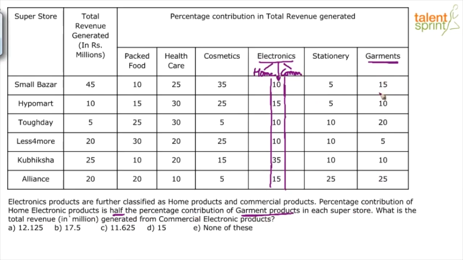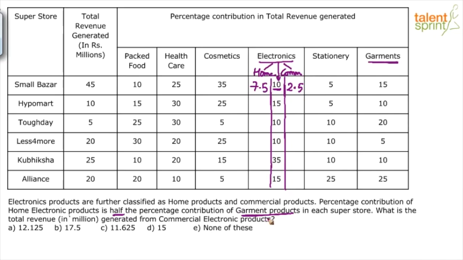Now, what is garments in the store? 15. So this should be half of 15. What is half of 15? 7.5. Now, if this is 7.5, this should be 2.5 because total is 10. See, total contribution of electronics products is 10% of 45. Out of that 7.5 has come from home electronics. Remaining 2.5 will come from commercial electronics.